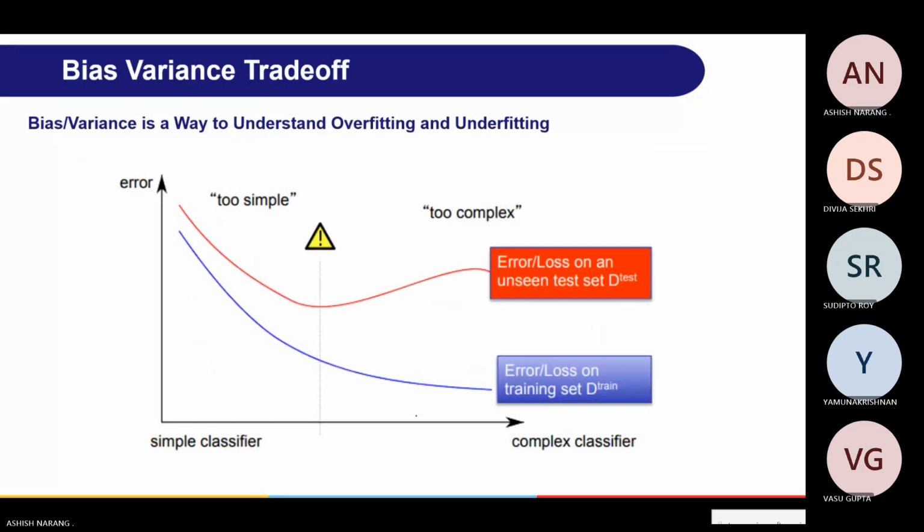That's all. Then comes the bias variance trade-off. It's a way to understand overfitting and underfitting. If the model is too simple, it will underfit and will not be able to predict on the test data.